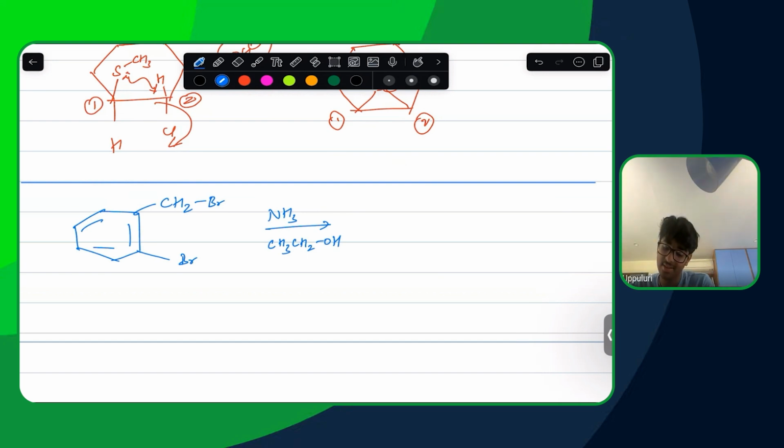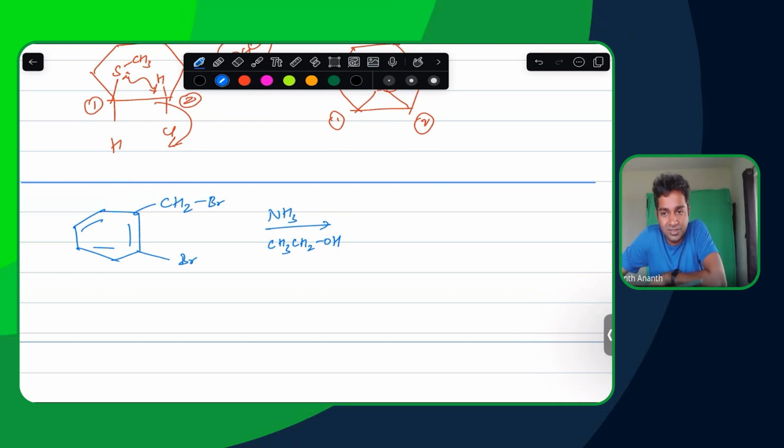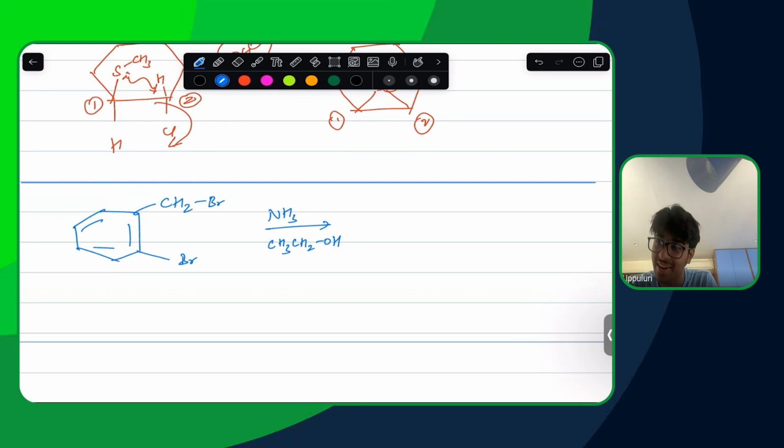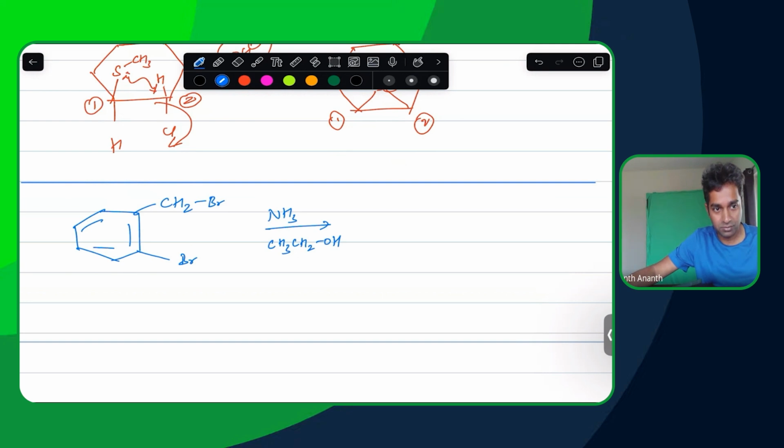This is a very easy question. Yeah, I know, sir. But then why won't the OH attack? That's my doubt. Why would the NH2 attack rather than the OH? NH3 could also act as a solvent, right? Okay.